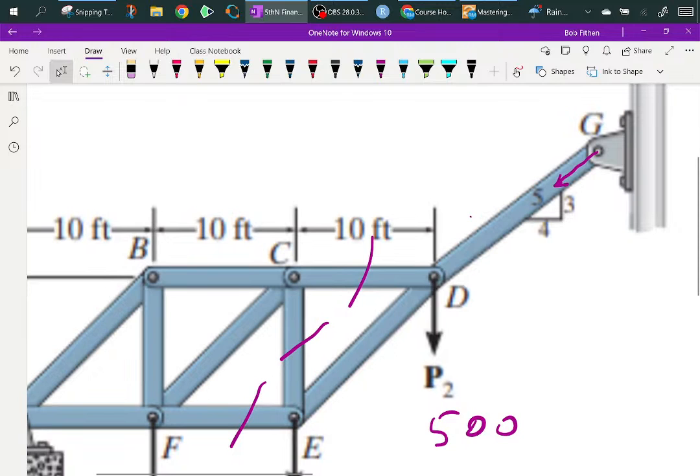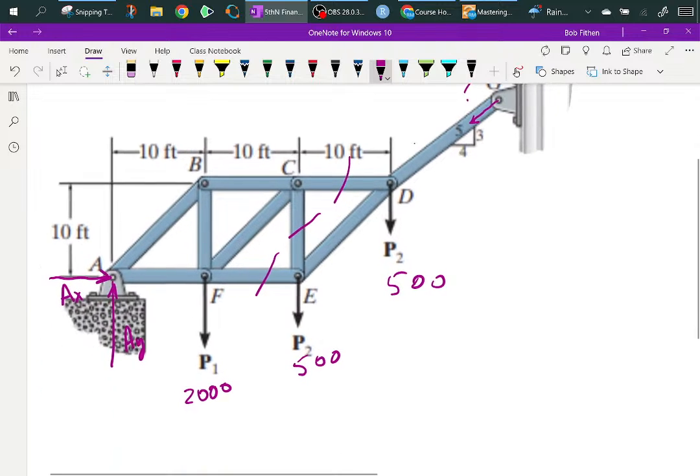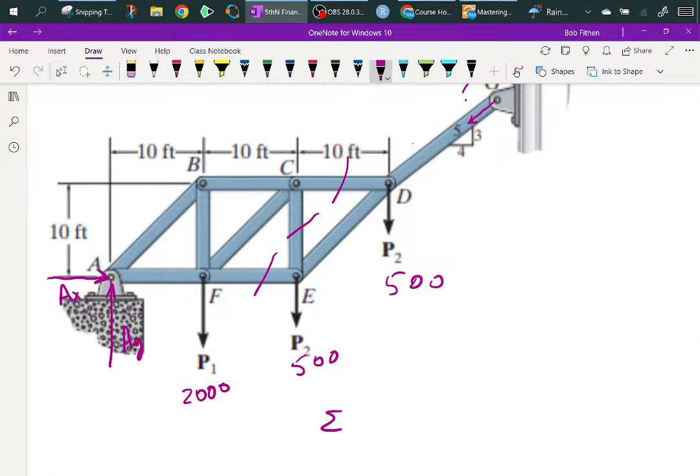So then I've got to just figure out what that is. If I want to figure out what that thing is, the easiest thing for me to do is, okay, I know I'll have an AY and an AX, but I don't care. What I'll do is sum the moments about A so that my not caring is valid.